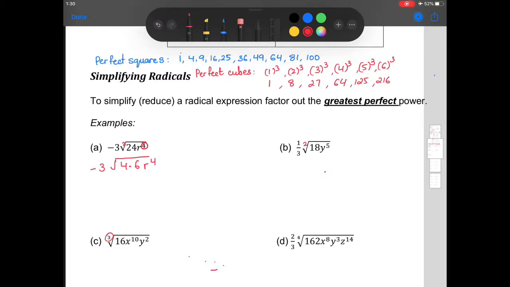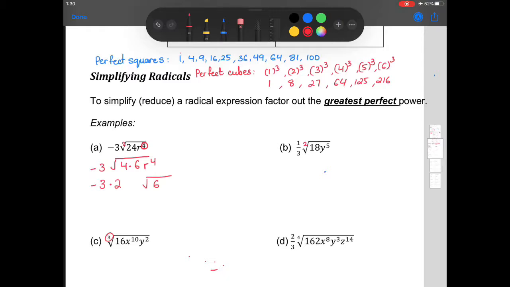That's your first step. Now what you're going to do, whatever is a perfect square, you're going to pull it out. So I'm going to bring down the -3. Square root of 4 is 2, it's all multiplication, remember. And then 6 is not a perfect square, so the non-perfect ones go under the radical.